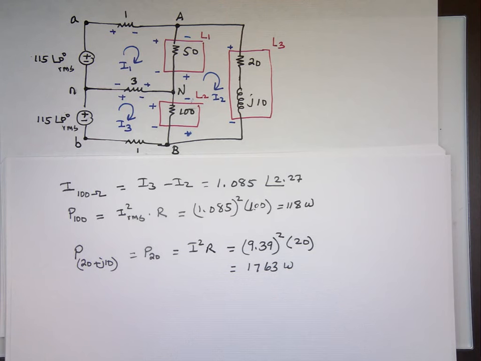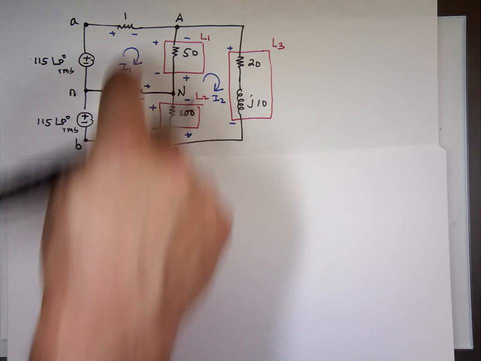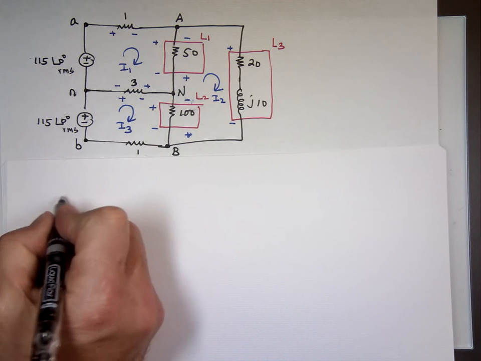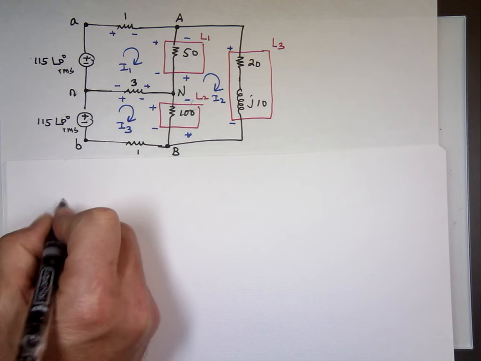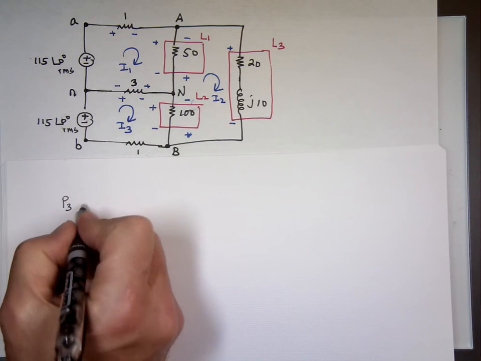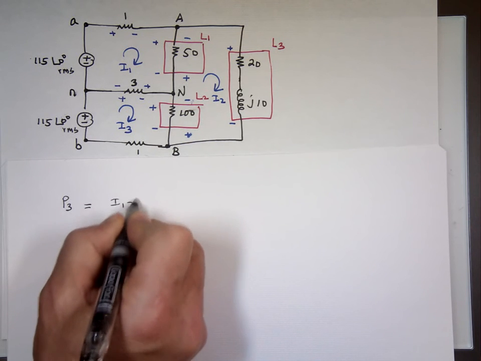Okay, now let's look at the lines here. Let's find the average power absorbed by these three wires. We'll start with the 3 ohm, the neutral one. We need the current through that, which is I sub 1 minus I sub 3.